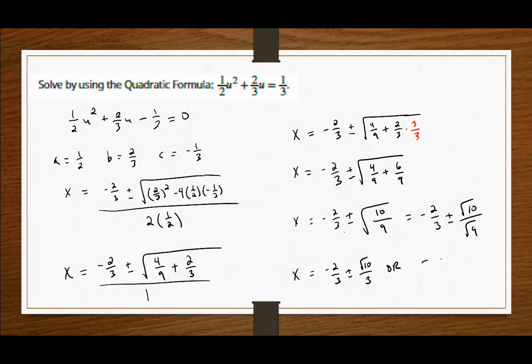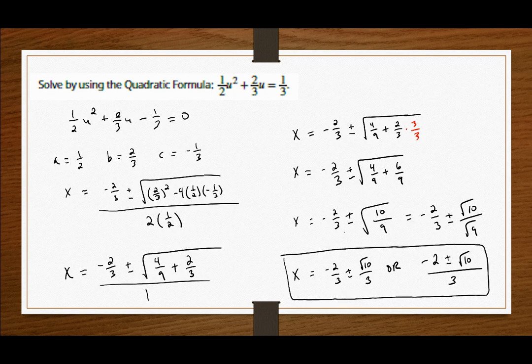Alternatively, we can put this back together as negative 2 plus or minus the square root of 10 all over 3. From the outset, hopefully at this point, we would have recognized that we have a real solution, and two of them at that, because we have a positive radical.